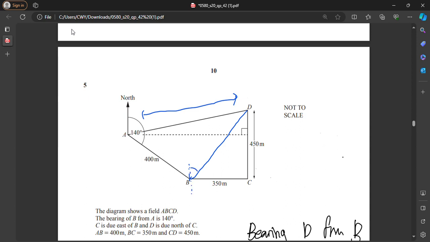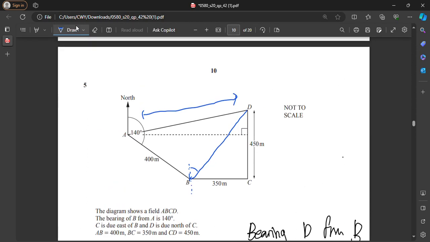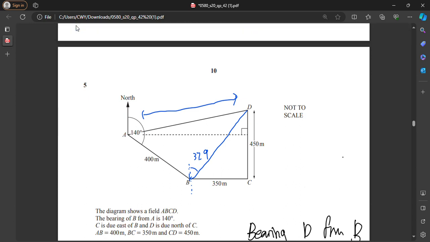I know that this angle is 37.9. Firstly, I think we already know it's not a 90-degree triangle. That means SOHCAHTOA isn't going to work here. We may have to use the sine rule or the cosine rule.